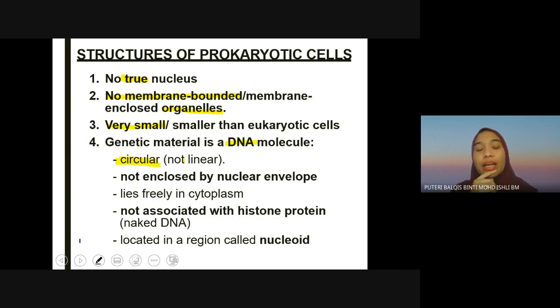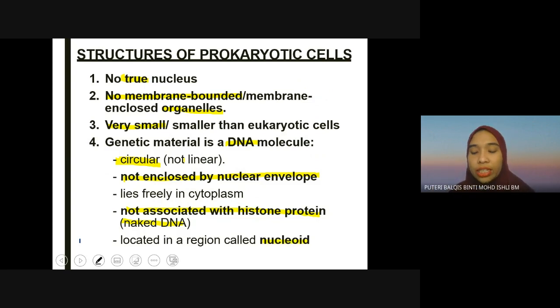DNA for prokaryotic cell is circular and it is not enclosed by nuclear envelope. Dia tak duduk dalam nukleus. Sebab tu DNA in prokaryotic cell we call that naked DNA. It is not associated with histone protein and it is located in a region called nucleoid.